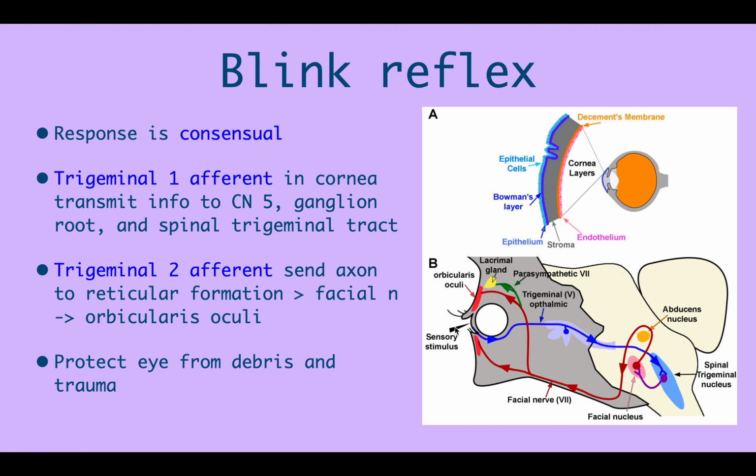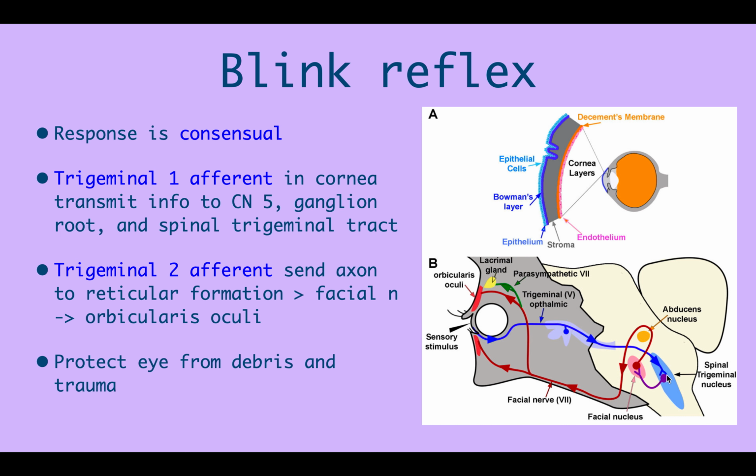And the little puff of air is going to put a little pressure on the cornea, and then the trigeminal 1 afferent in the cornea is going to transmit the information to cranial nerve number 5, and then from there it's going to go to the ganglionic root and then the spinal trigeminal nucleus.